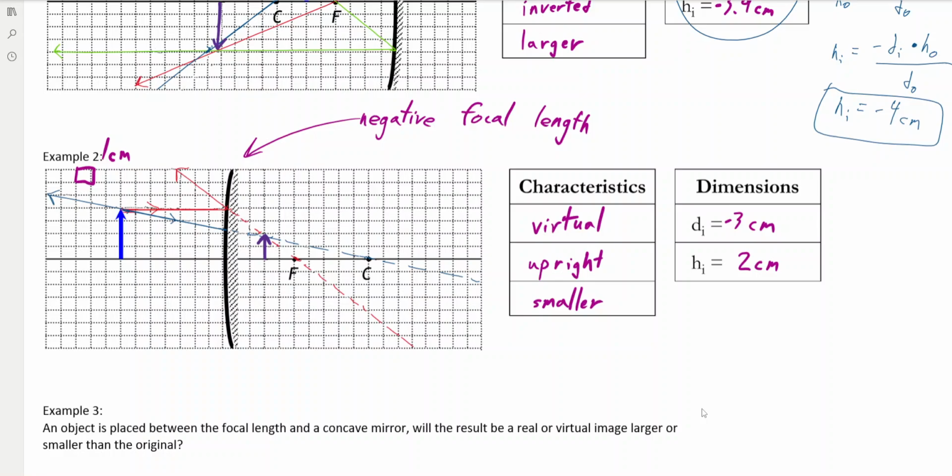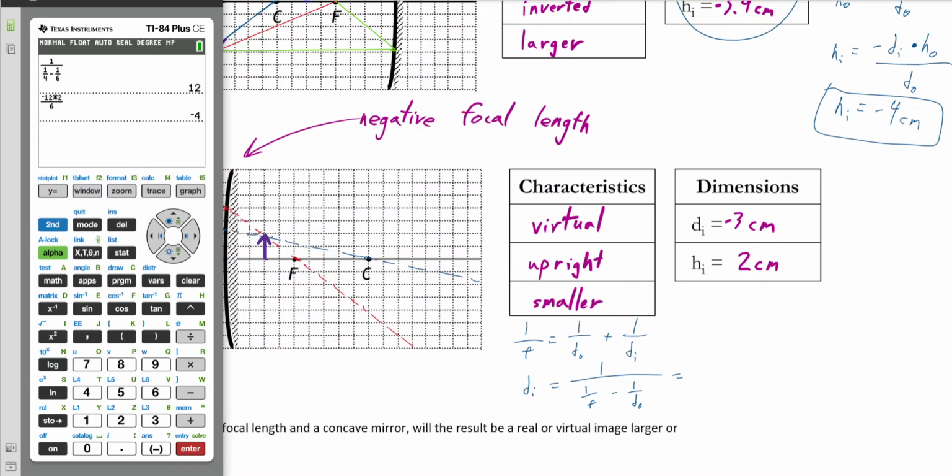So first of all, 1 over f equals 1 over dO plus 1 over dI. We're going to solve for our dI exactly the same way as last time, but I'm going to do it a little faster. So 1 over f minus 1 over dO. It's the same steps as last time.